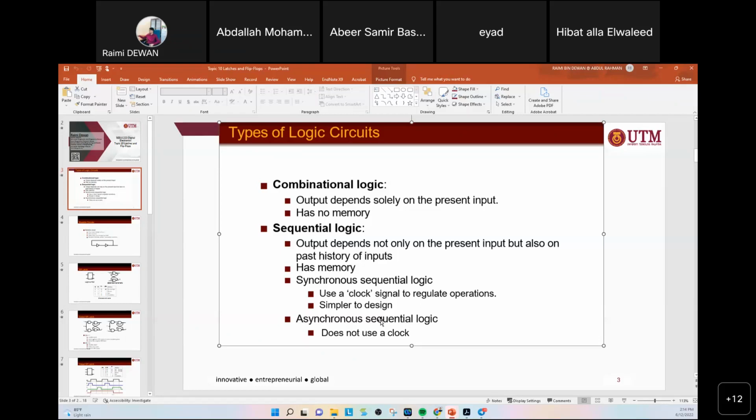Further, for the clock state of 0 or 1, we need to see what happens to our future output. Is it going to change? Is it going to not change? Or is it going to go through a forbidden state? Can you tell me which of the sequential logic that we learned in this chapter has a forbidden state?